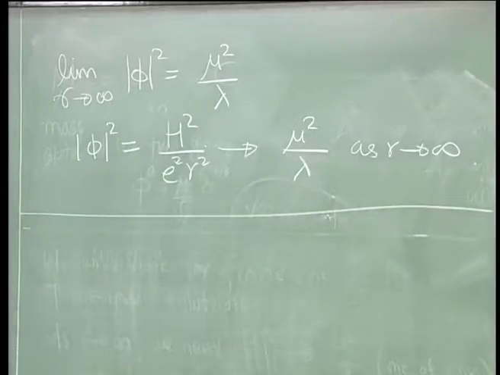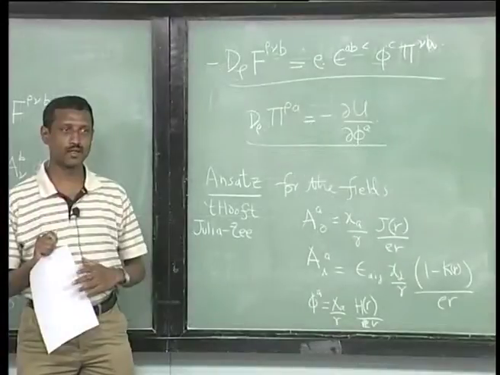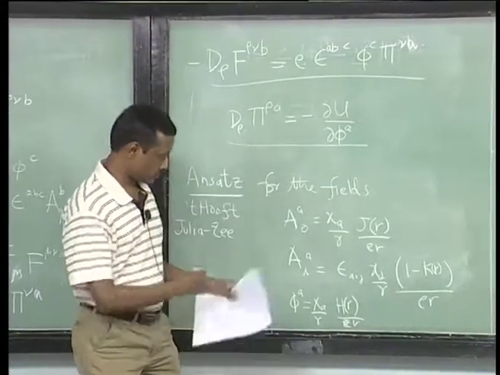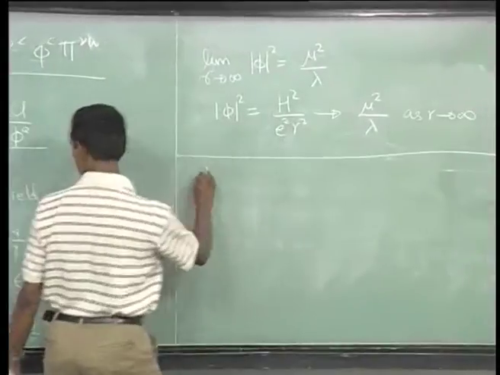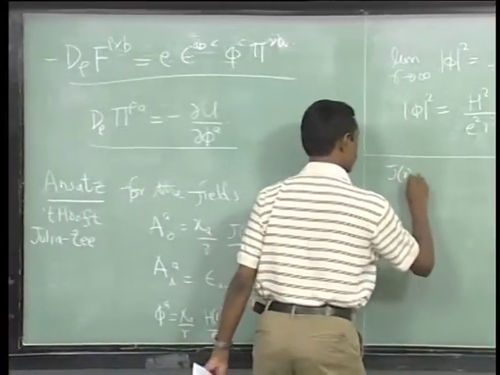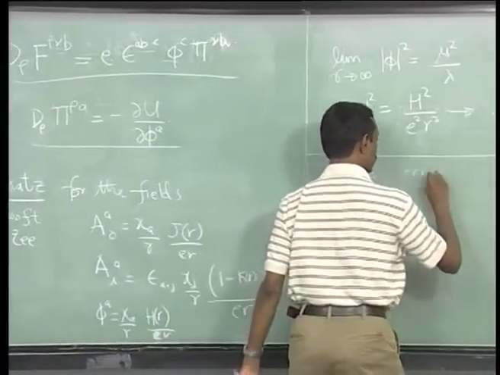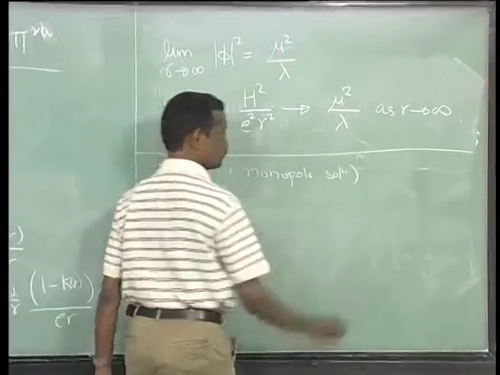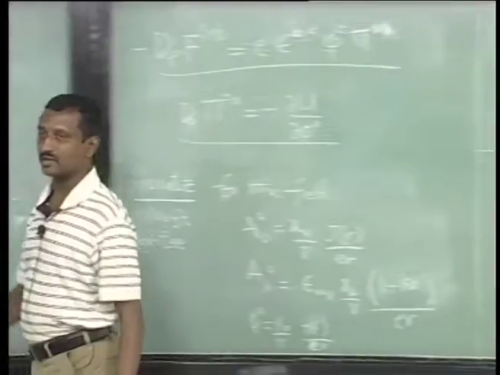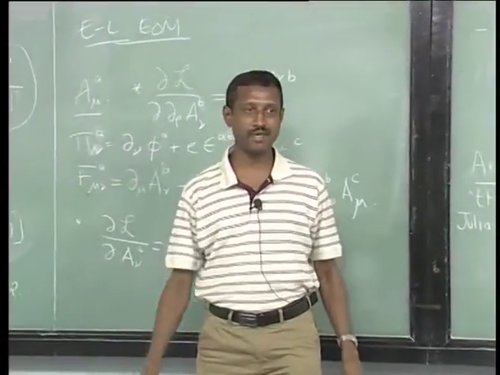So this is the boundary condition that one has, and now the point is to plug this ansatz into these 2 equations and ask what they look like. For the rest of the discussion, I will choose j equal to 0 to get the monopole solution, because it has no electric charge. If A0 is 0, everything is time independent.